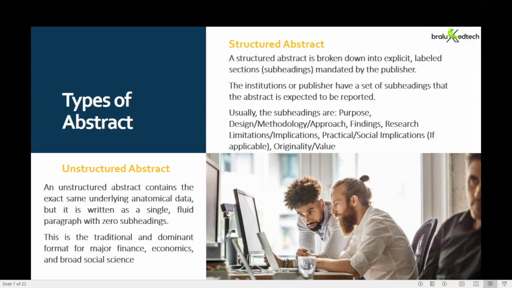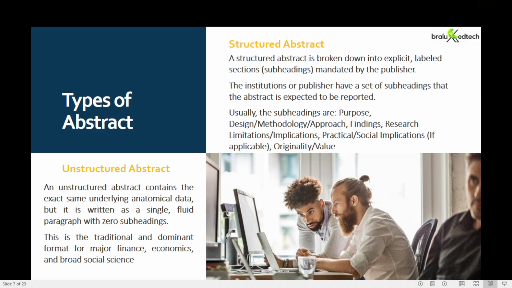Types of abstracts. There are two major types of abstracts, and the first one is structured abstracts. The second one is unstructured abstracts. So structured abstracts contain explicit headings. This is broken down into explicit or labeled sections mandated by the publisher.